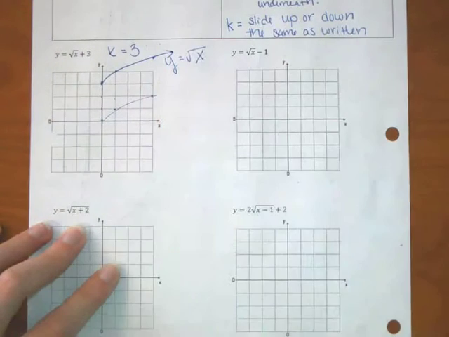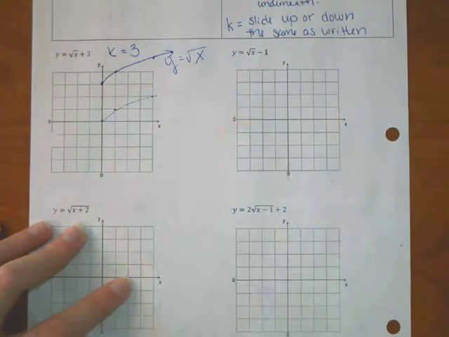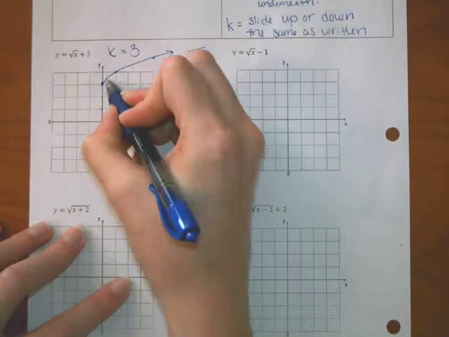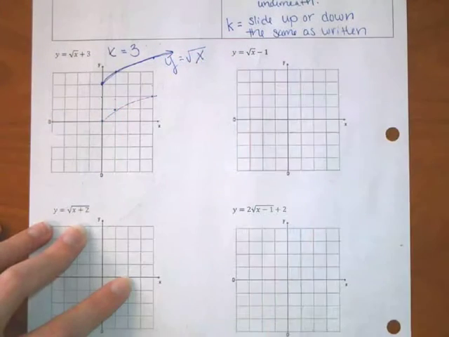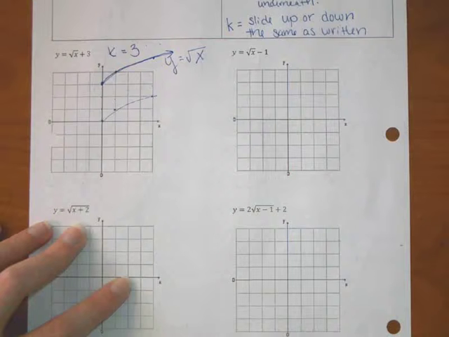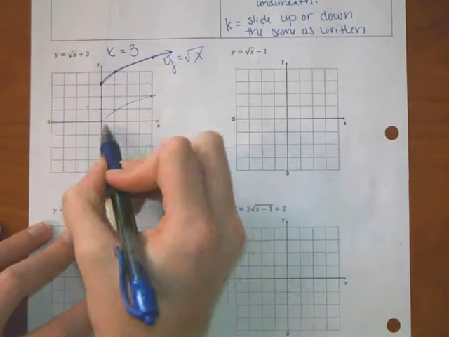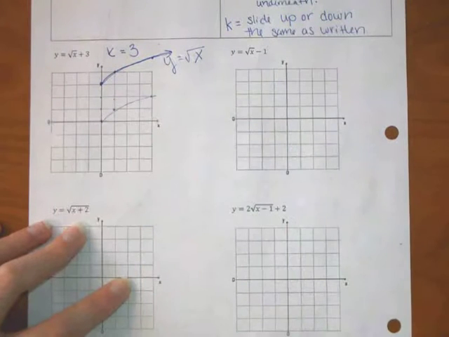So that's our y equals the square root of x plus 3, this one up here. Is it always a good idea to start with 0, 0 as your first place to graph from? I think so, just because you know exactly where it is.